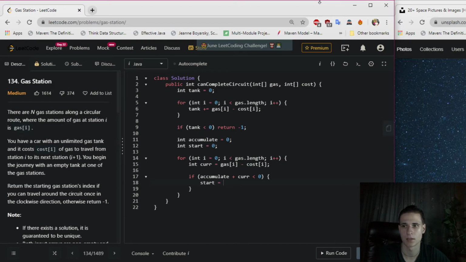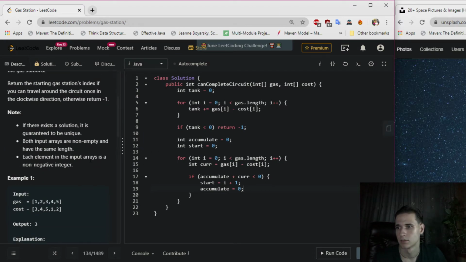We say start equals to I plus 1. We go to the next station. And also we just update our accumulate to 0.